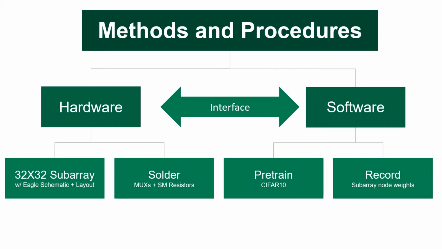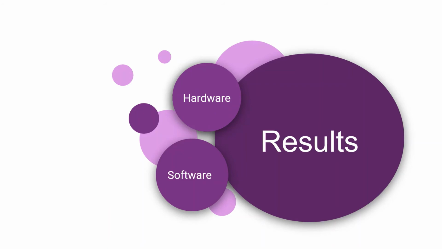Recording them was really important because those node weights were used to design the subarray in Eagle, and without our software results, we wouldn't have known what to do in the hardware. These were results from both the hardware and software perspectives. These results reflect as far as we got before the COVID-19 outbreak, and later we'll go on to future work that we've laid the groundwork for.